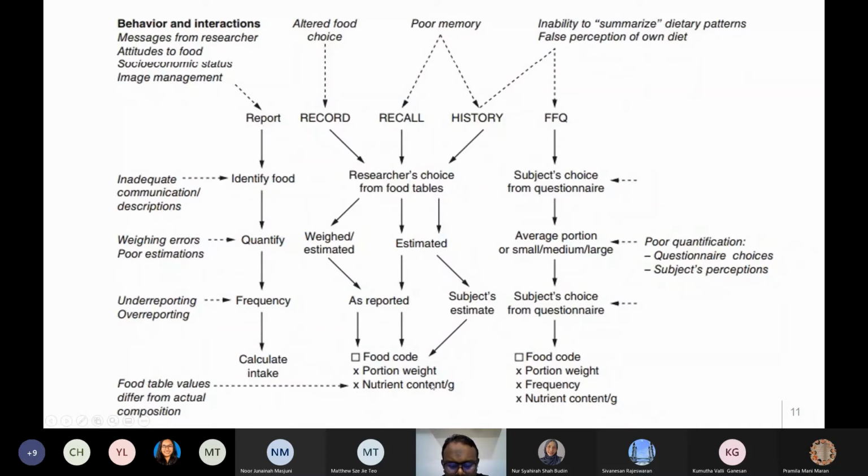So the nutrient content for all these methods will come from the food composition tables, which might also differ from the actual composition of the food consumed by the respondent, because food composition tables are fixed, whereas actual composition might differ from household to household, depending on the recipes and so on. Okay.